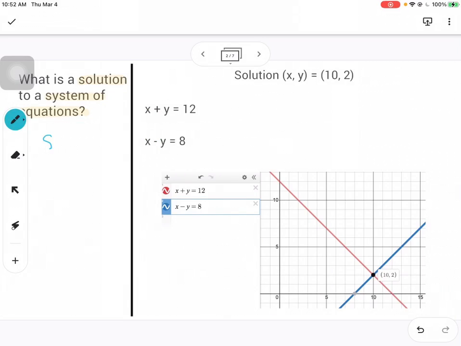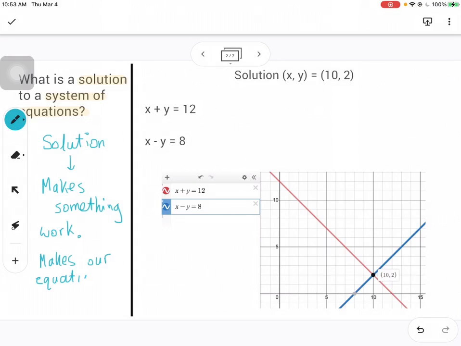Well, if you think about what a solution is, it's something that makes something work, or in this case, our solution makes our equations true.